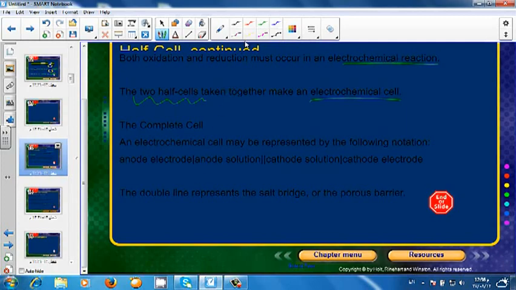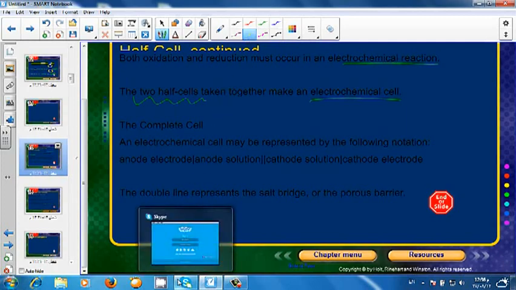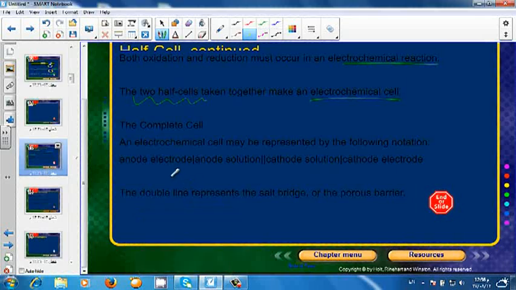Simply, we write the anode first and then the cathode. So we start with the anode electrode, which was the zinc, solid, and then a slash, or line, that separates it from its solution. The solution was zinc sulfate, ZnSO4 (aq).